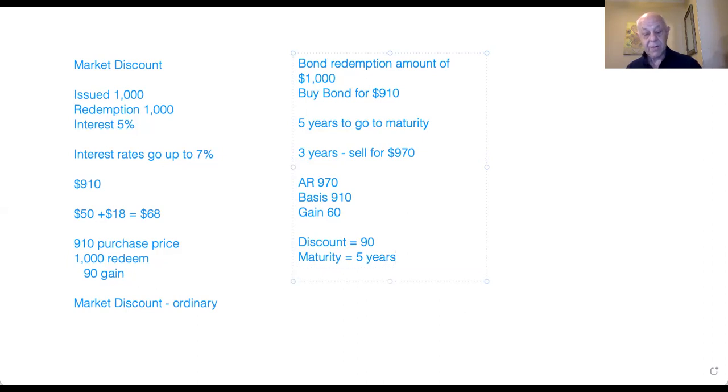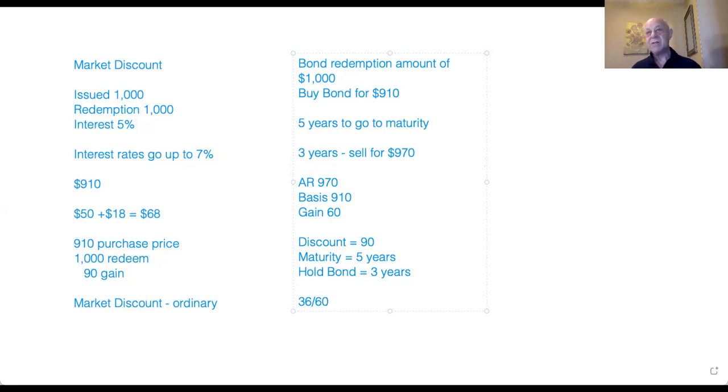How long did I hold the bond? And I held the bond for 3 years. So what Congress says is take 3, the number of years, or we could do it by months. Let's do months. So we would say it's 36 months divided by 60 months.